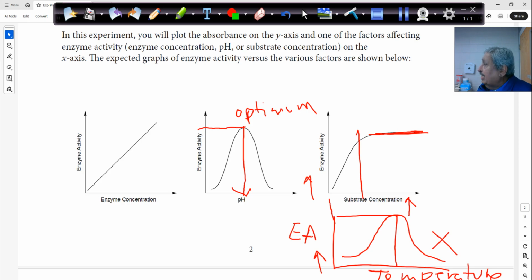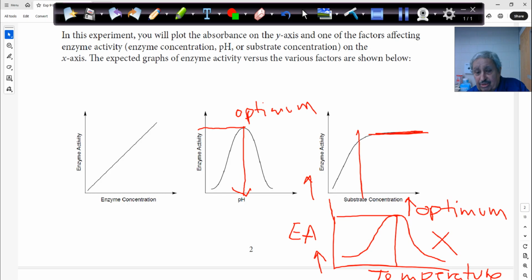We can't say that the higher the pH, or the lower the pH, the higher the activity. No, it has to have an optimum, and this is the same thing. There is an optimum here. So temperature and the pH are very, very crucial for the enzyme to work. Without optimum temperature, without optimum pH, the enzyme activity will be very, very low, correct? So those are the three ones.